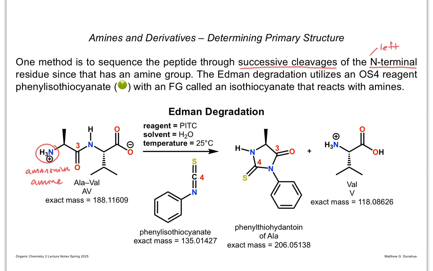This is an example of the Edman degradation. The Edman degradation uses this reagent called phenyl isothiocyanate. Here's the phenyl ring, and then these 3 atoms here and that bonding pattern are called an isothiocyanate.